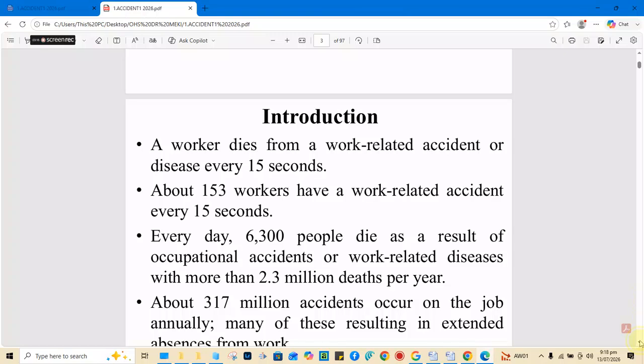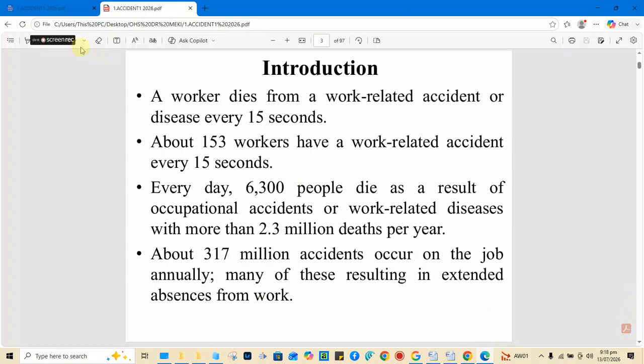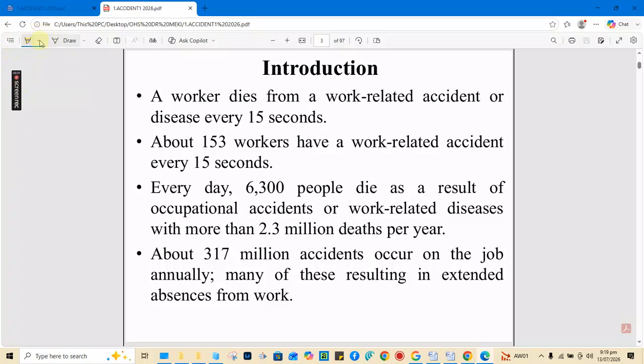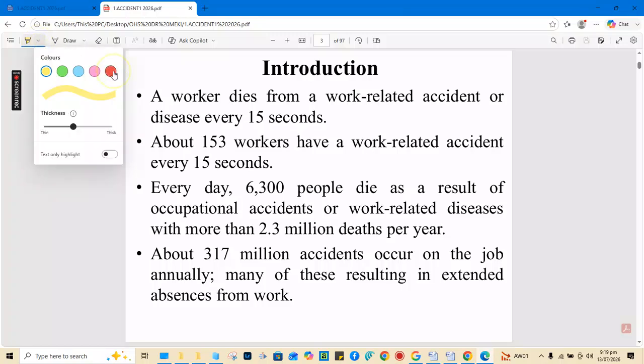Okay. For the introduction, we are going to look at some of the key facts here, and because this deals with accidents, let's have a highlighter that is in red. All right.